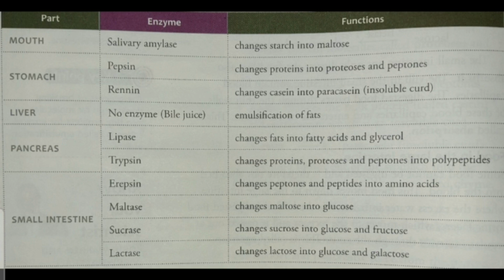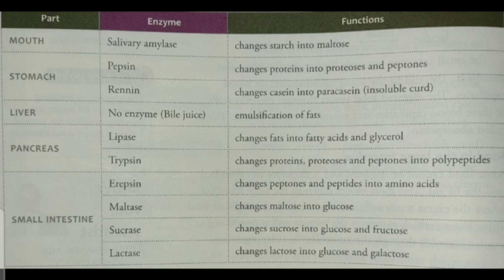And one more is trypsin. The function of trypsin is to change proteins, proteoses and peptones into polypeptides. So of the two enzymes, lipase acts on fat and trypsin acts on proteins.